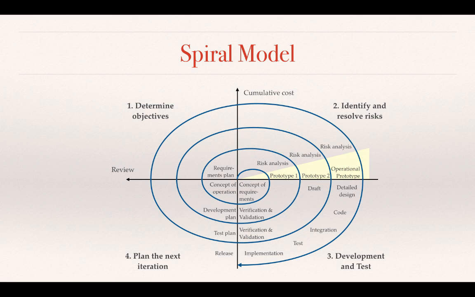This is the description of the spiral model as depicted by Barry Boehm, the person who developed the spiral model. Let's look at the differences between this version of the spiral model and the spiral model that we saw in the last slide. In this version, we start with a concept of the requirements, and then we get a concept of the operation of the system.